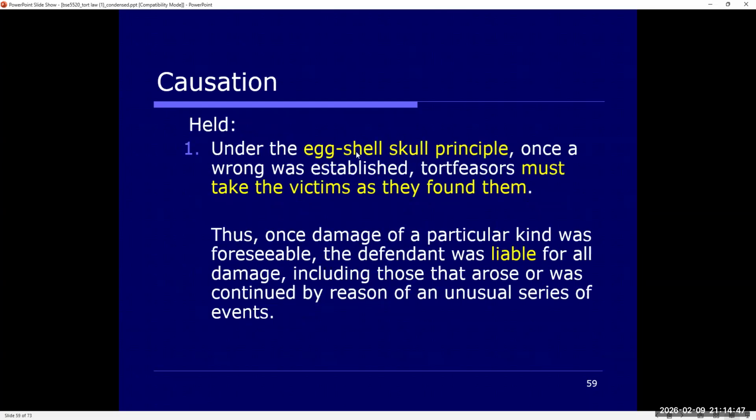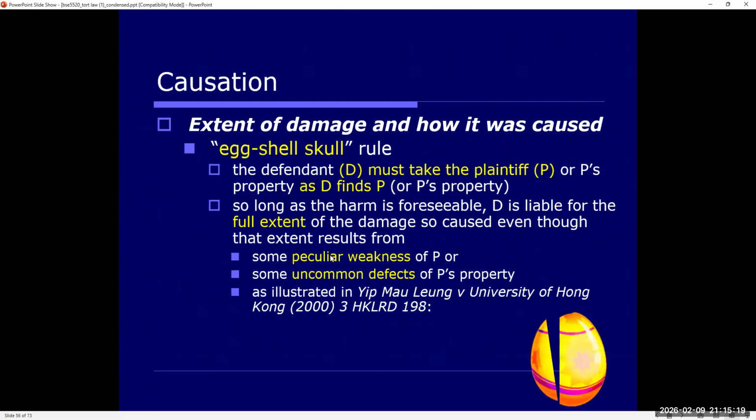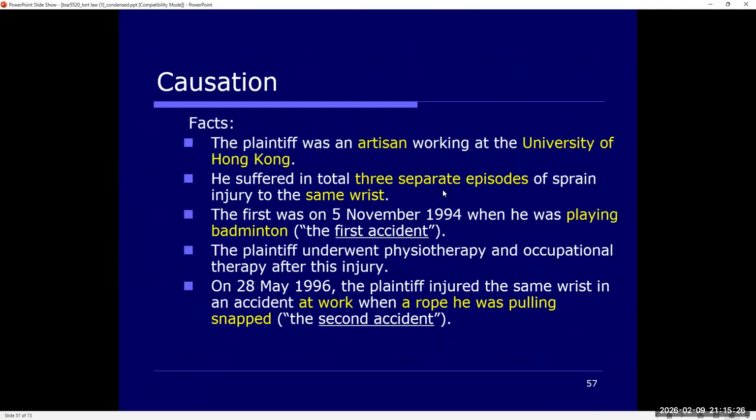What was held? Under the eggshell skull rule, weakness, special characteristics of the plaintiff. Once a wrong was established, the tortfeasor, the wrongdoer, in this case the defendant, must take the victim, in this case the plaintiff, as they found them. So it was held that the defendant was liable. Although there was some peculiar weakness, in this case it was due, firstly, to the first accident of the artisan playing badminton, hurting his wrist.